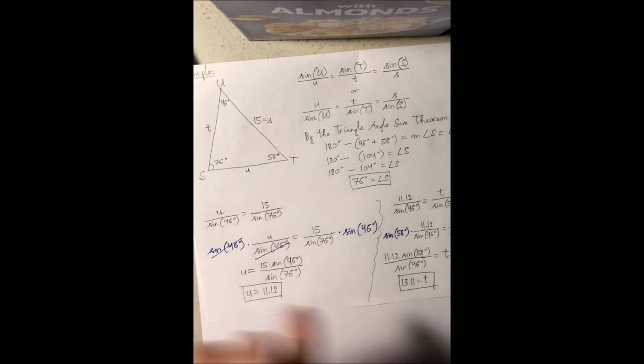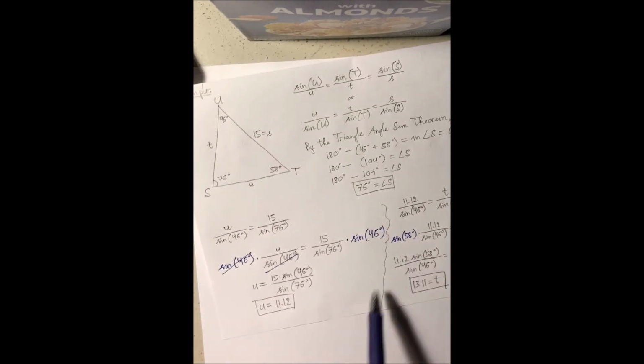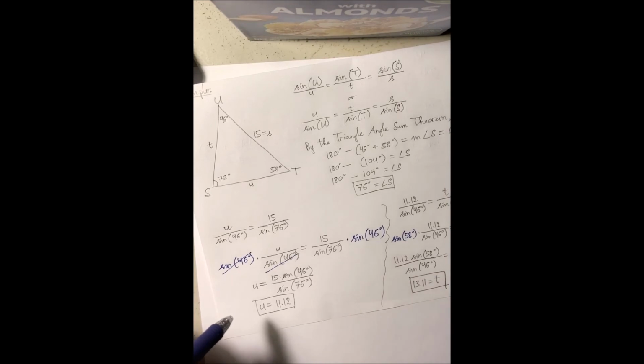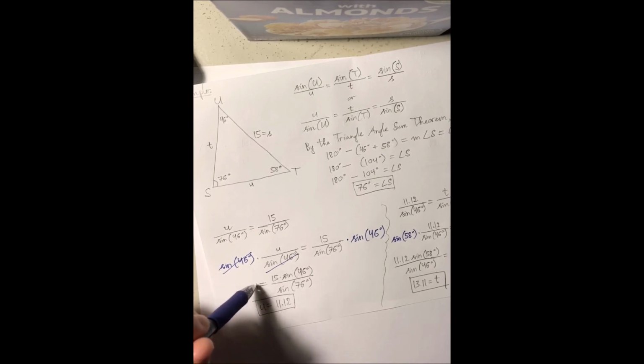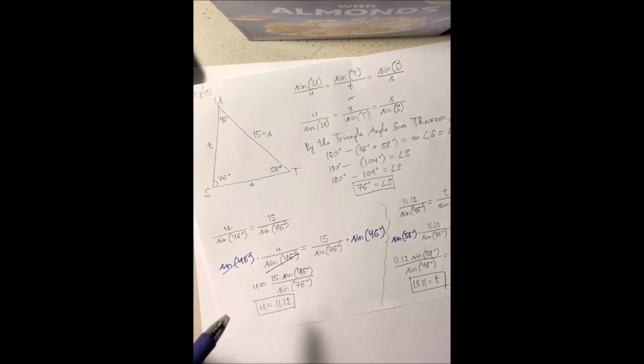Now, if you want to evaluate any missing angle, you would do the same algebra manipulation like this, except that you would end up with, for example, at this step, instead of lowercase u, sine of a capital letter, either capital U, capital T, capital S, depending on which angle you're trying to evaluate.